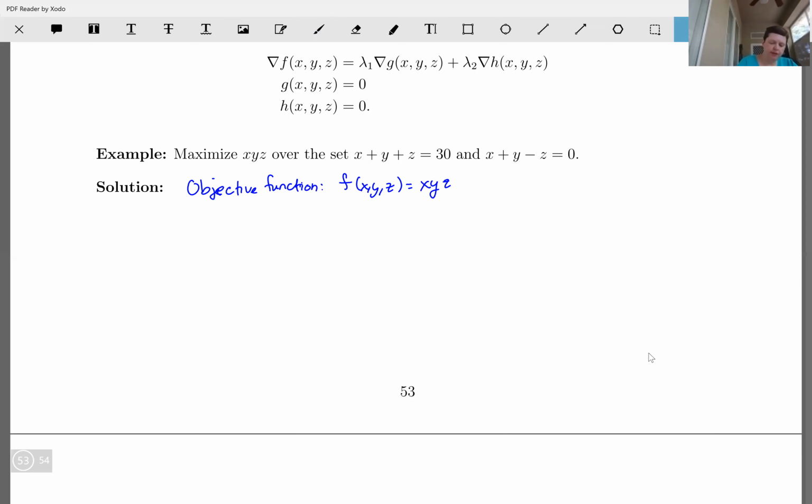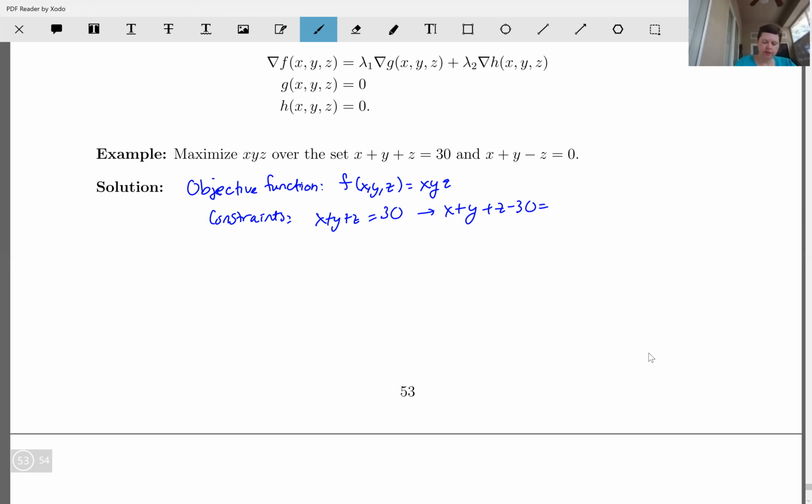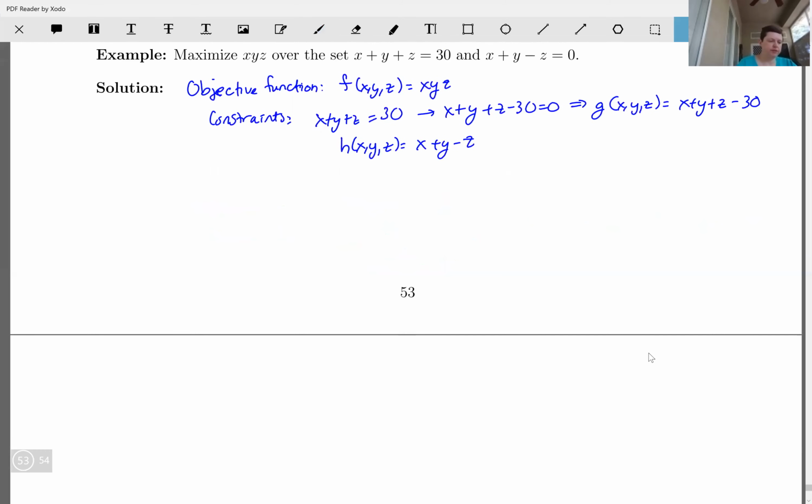We can write the first constraint x plus y plus z equals 30 as x plus y plus z minus 30 equals 0. And so our first constraint function g of x, y, z is x plus y plus z minus 30. And the second constraint is already in the correct form. So our second constraint is h of x, y, z is x plus y minus z. So those are our constraint functions.